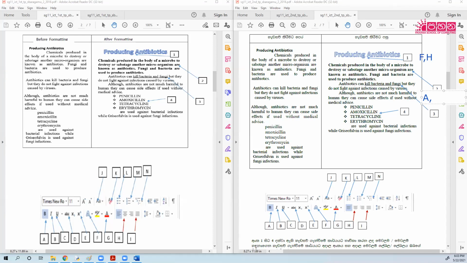If you want, you can say I as well, like both side aligned. At the beginning it is not the same, right? So you have to use I as well. So you have to use both A and I.